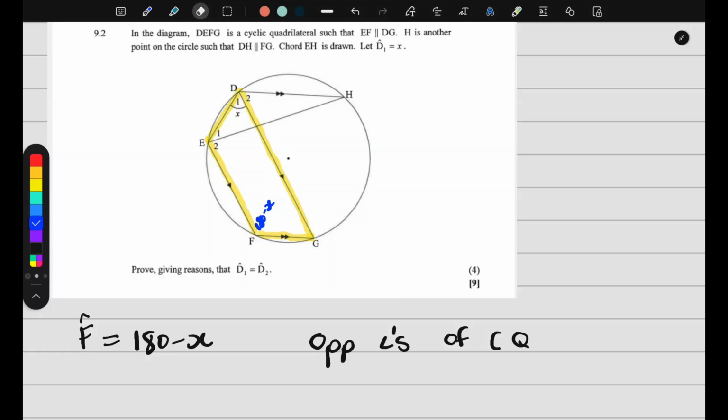So I'm still not at D2. Remember, we have to prove that D1 is equal to D2. So I'm going to go to angle G now. If I take out these two parallel lines, let's look. This is parallel to that. Here's F and G. F is 180 minus x.